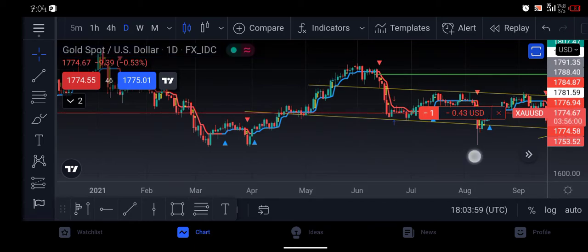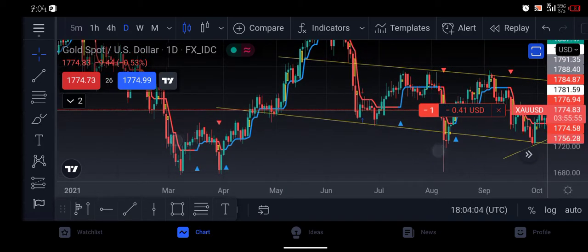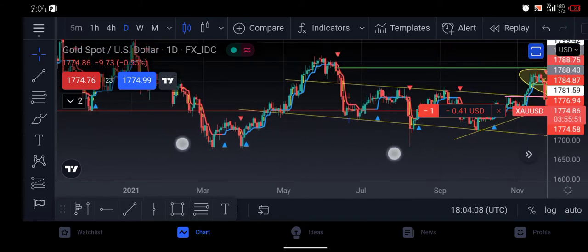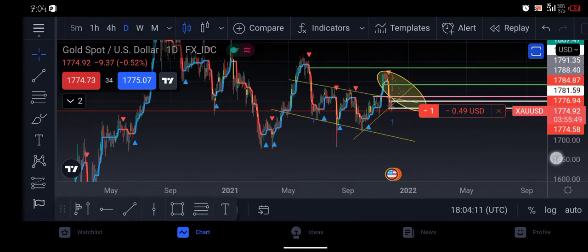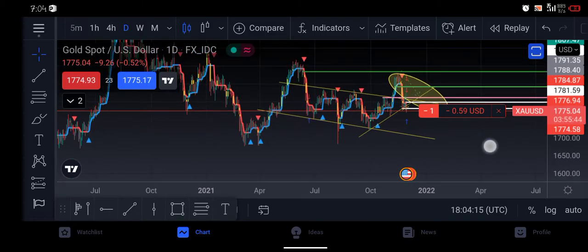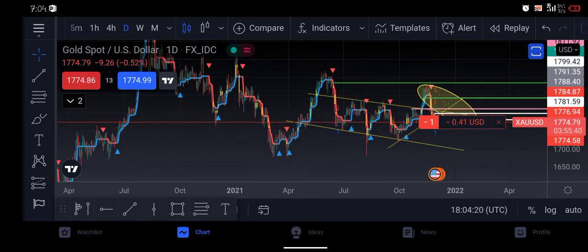Now, today we are going to be talking about Wyckoff. Ever heard of Wyckoff? I'm pretty sure many of you have not. Anyways, Wyckoff is a way of trading in which two things actually occur.